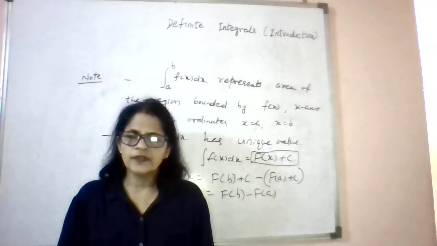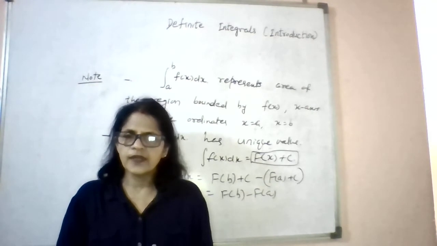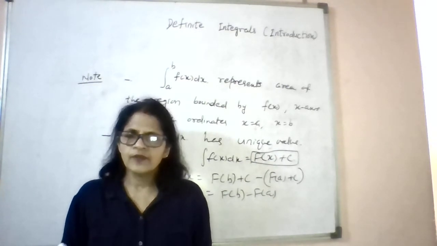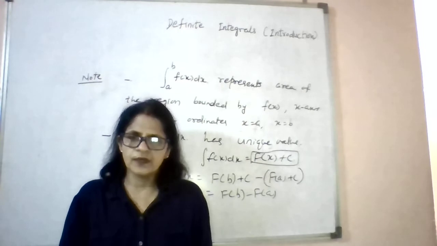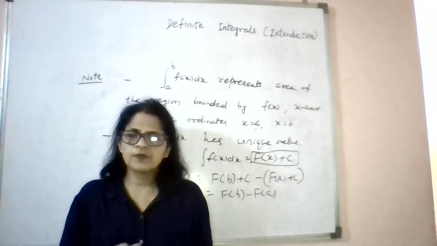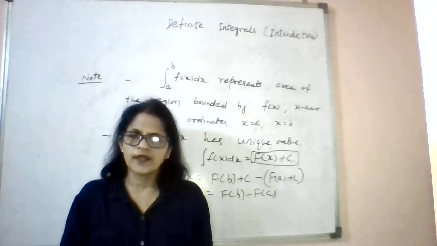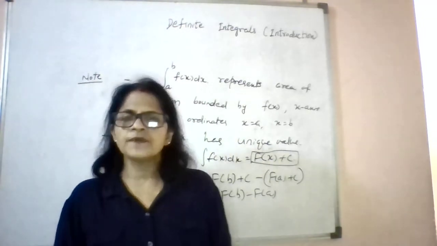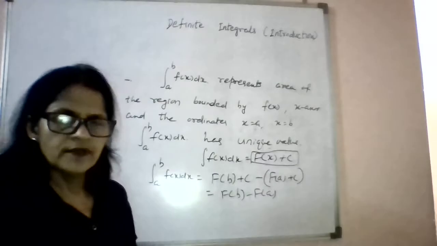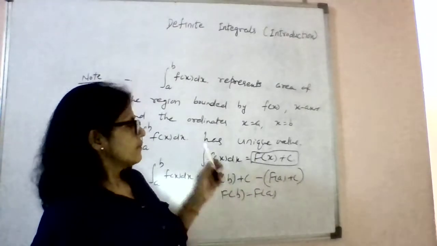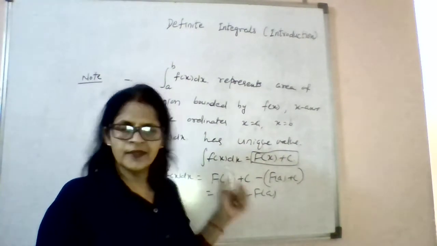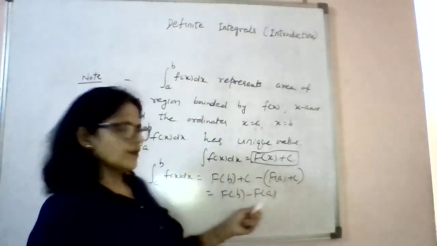If you are very thorough with indefinite integrals, definite integral is not a problem at all. The only new thing you will be studying in this chapter is the properties of definite integrals. Otherwise, everything you have already studied, and once you find the indefinite integral, you can find the definite integral by taking F(b) minus F(a).